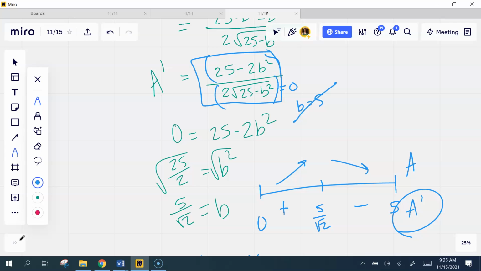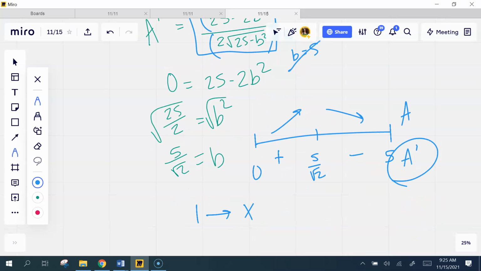Okay. I have not yet answered the question because it asked me, what's the largest possible area for a right triangle whose hypotenuse is given, and what are its dimensions? To find the largest possible area, I know that happens when B is 5 over the square root of 2. Do you agree? Maximum.